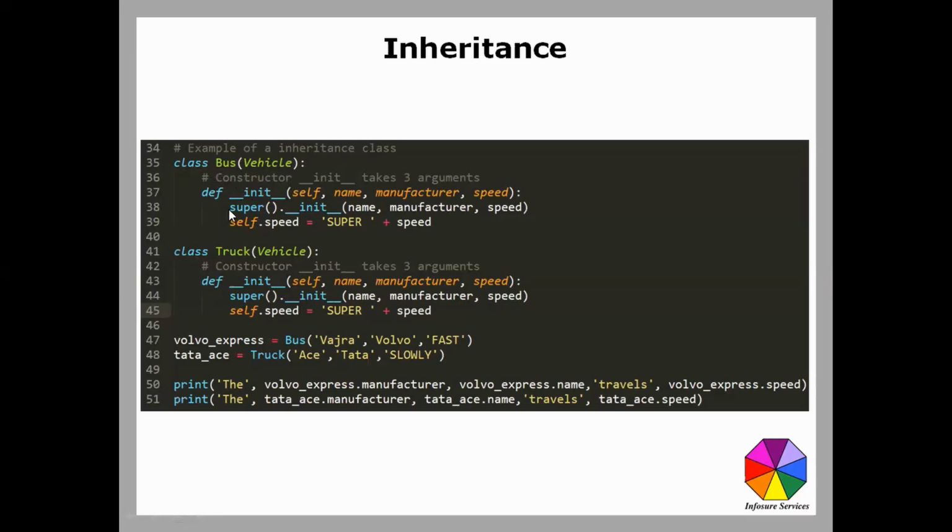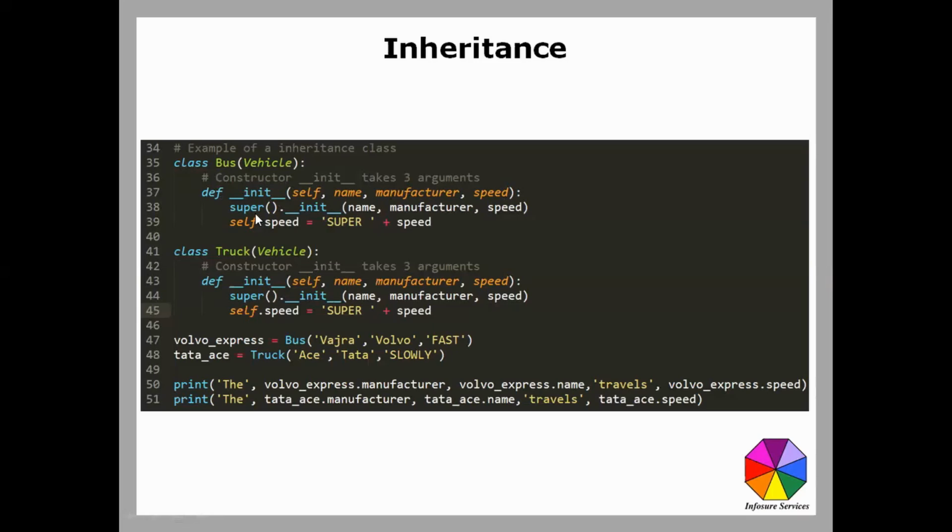When you use inheritance, you invoke the parent class constructor with super dot init. This is line 38: super dot init is used inside your child class constructor. Inside the def init, the values set for the Bus class, name, manufacturer and speed, will be set to the parent class.